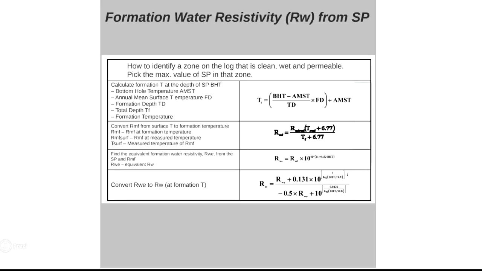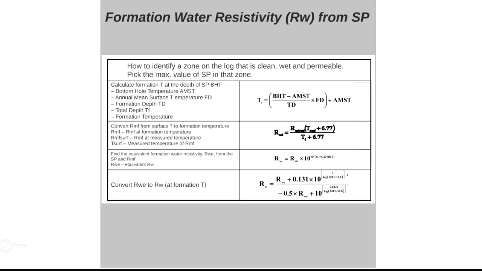The second formula shows the main information about converting RMF from surface temperature to formation temperature. RMF is the RMF at formation temperature, RMF surface is the RMF at measured temperature, and T surface is the measured temperature of RMF.